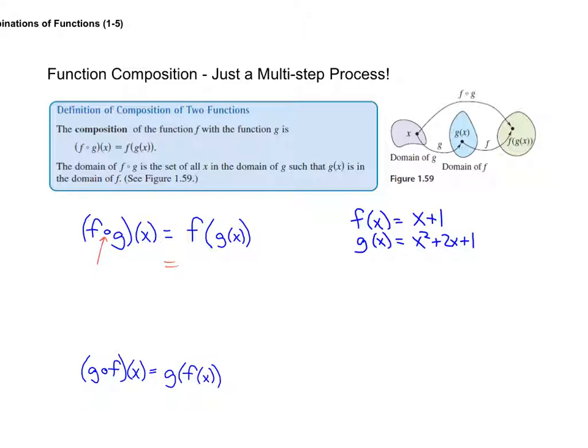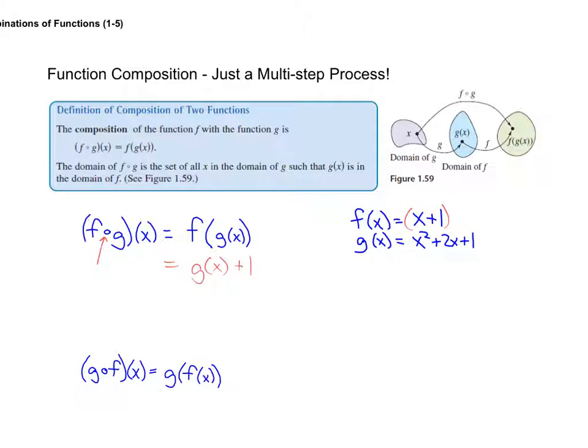So f is x plus 1. But instead of x plus 1, this is telling me to take f of g of x. So it's now g of x plus 1. I'm plugging in g of x to what f is.